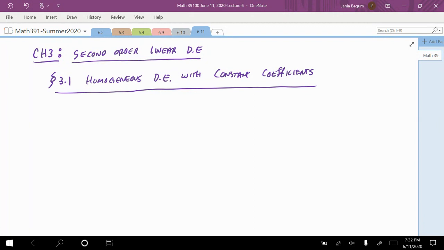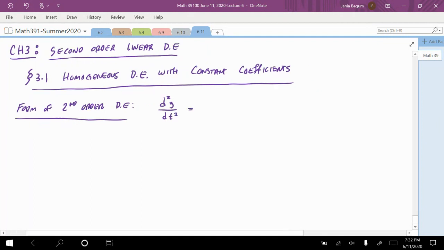So suppose we have a second order differential equation of this form. So you'll have d squared y over dx. Well, let's use t. t is nice.